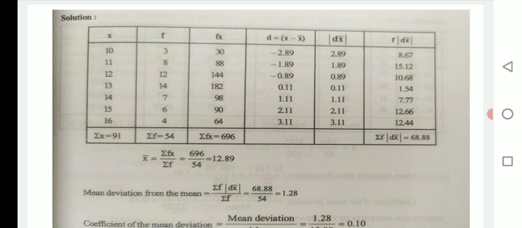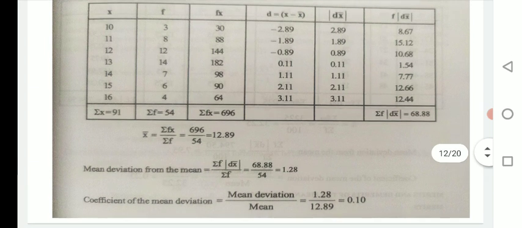So for x, 10 minus 12.89 is equal to minus 2.89. Then 12.89 minus 11 is 1.89.